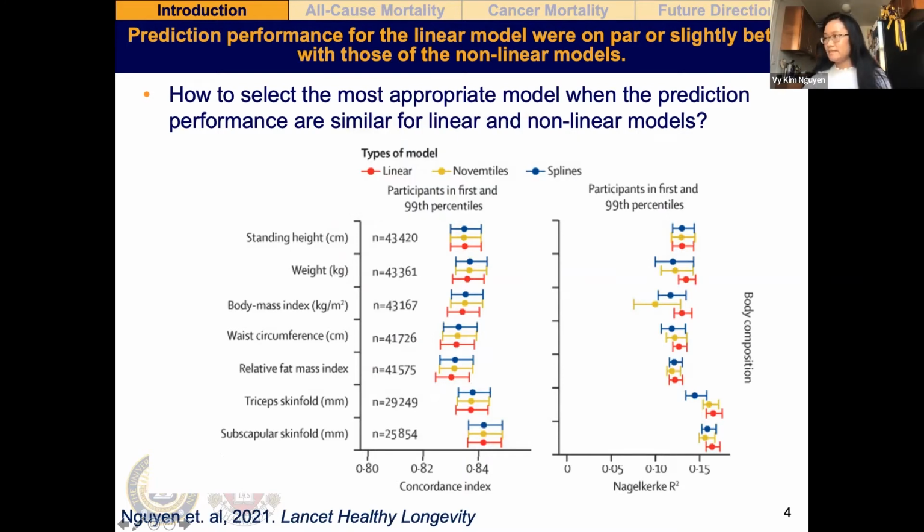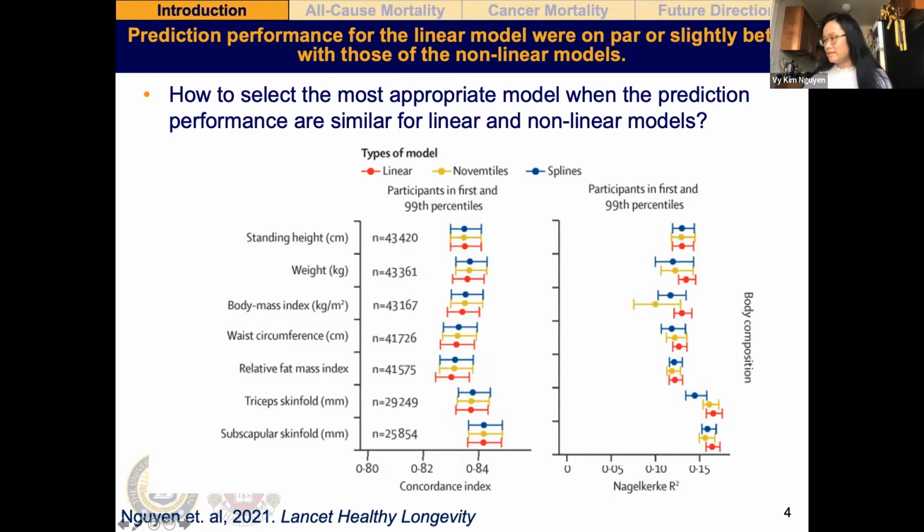And then we looked at the prediction performance, and we did this for, say, the concordance index and the R-squared. The concordance index is like an AUC counterpart when you look at mortality data. And then we did it for one linear model and two nonlinear models. And what you see is that for the concordance index, usually the linear model is very on par with other nonlinear models in terms of prediction performance.